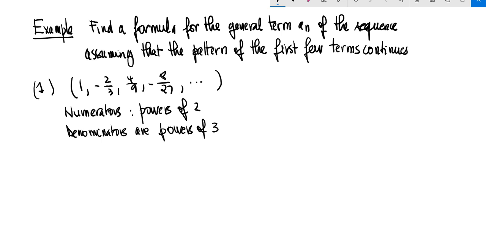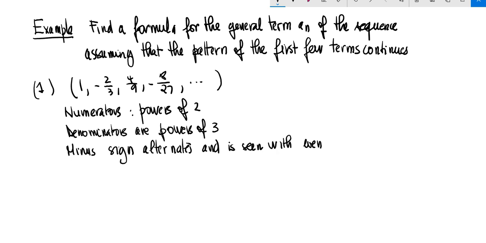Also we see that the minus signs alternate and are seen with the even numbered terms, such as a2, a3, a4, and so on.